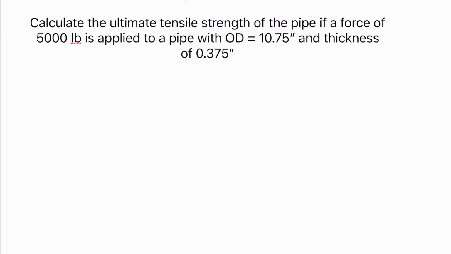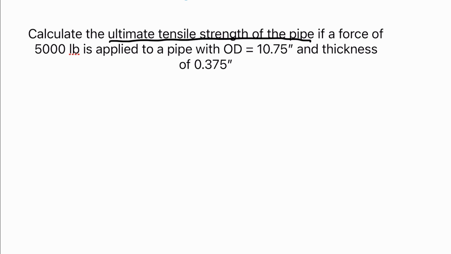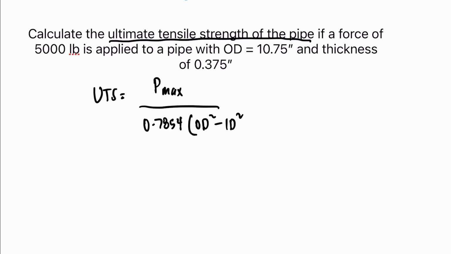So how about we use that example to calculate the ultimate tensile strength of the pipe? If you may remember, the formula of UTS of the pipe is Pmax over its cross-sectional area, which is 0.7854 times OD squared minus ID squared.